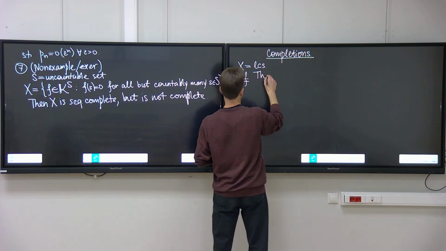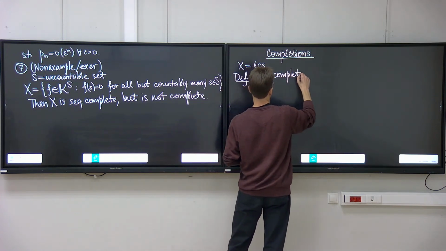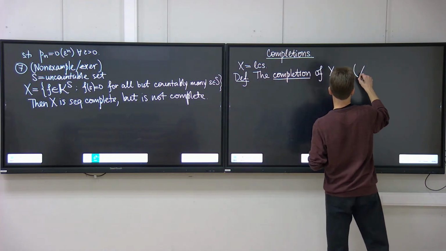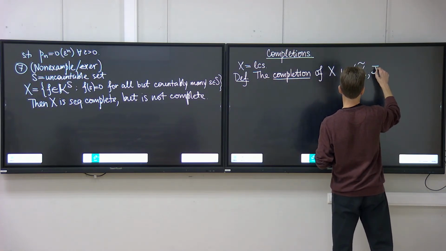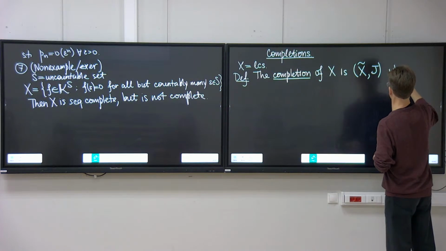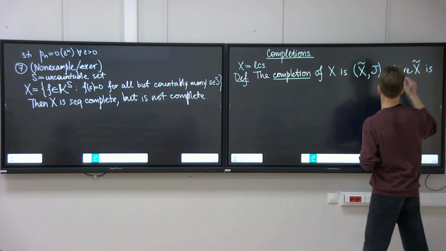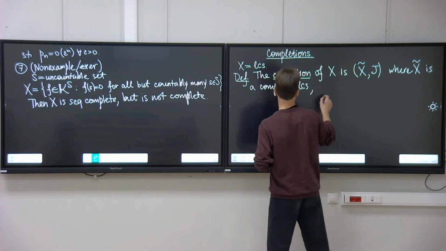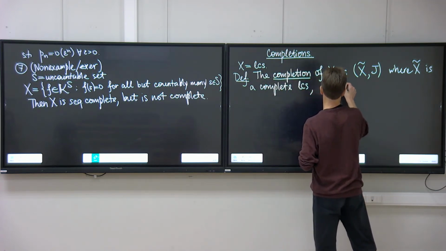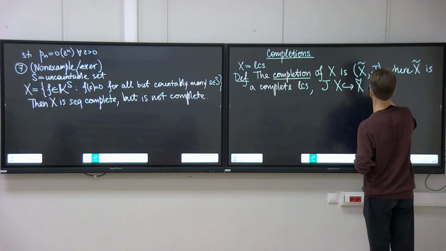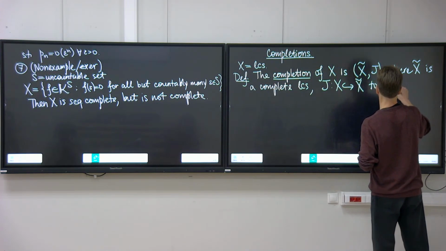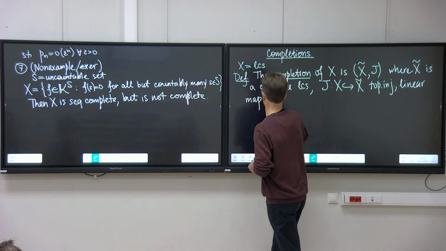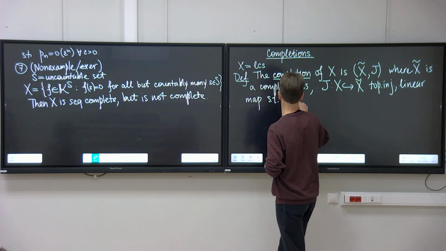By definition, the completion of X is a pair X tilde and J, where X tilde is a complete locally convex space, and J is a topologically injective linear map, such that the range of this map is dense in X tilde.